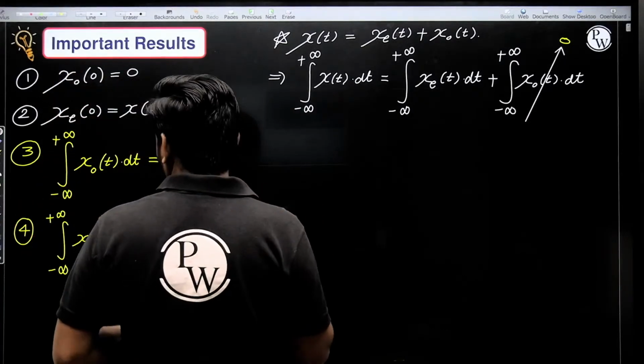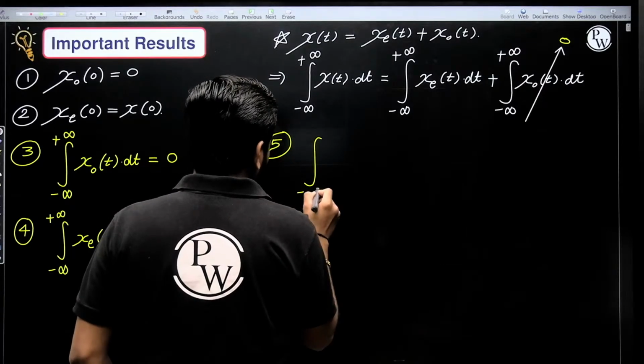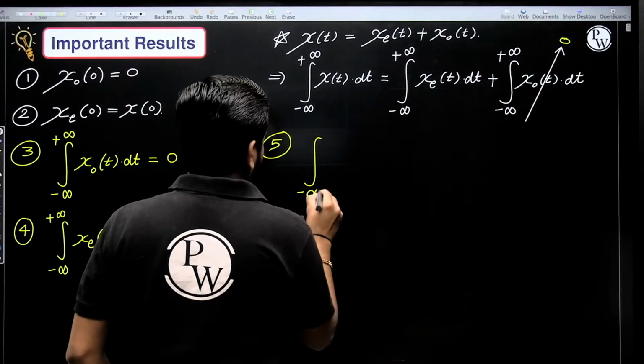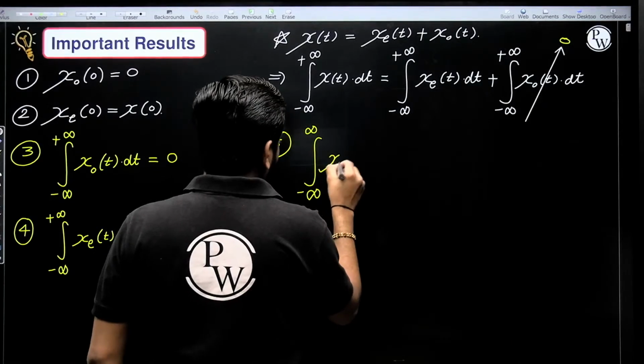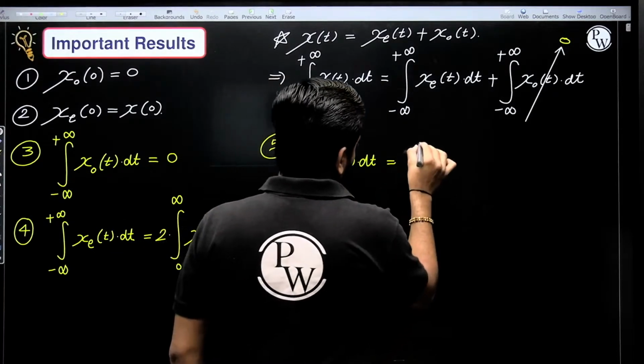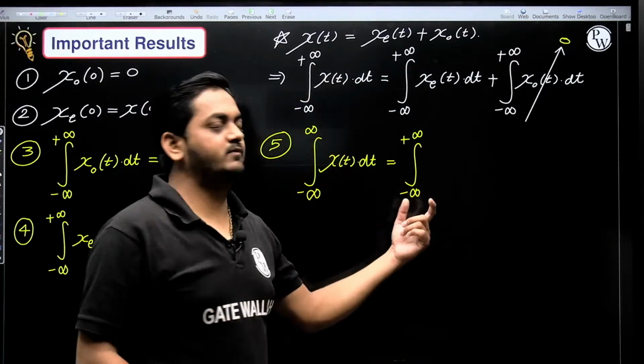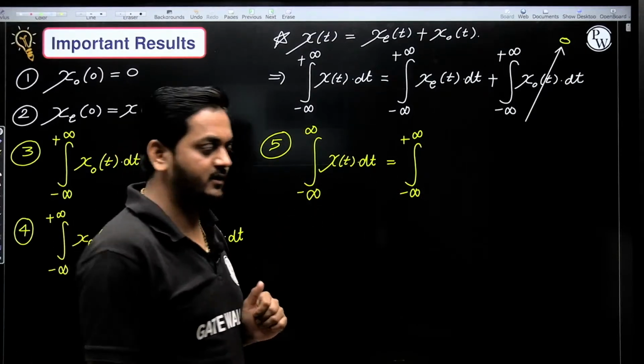So we can write this as result number 5: the area of any signal x of t, integral of x of t dt, is equal to the area of its even part. So the area of its even part is equal to the area of the signal x of t.